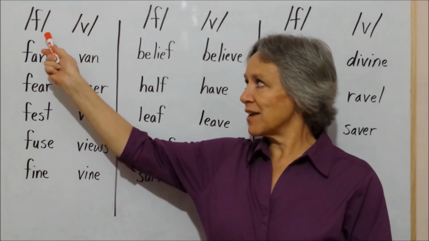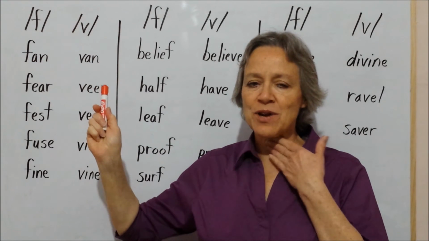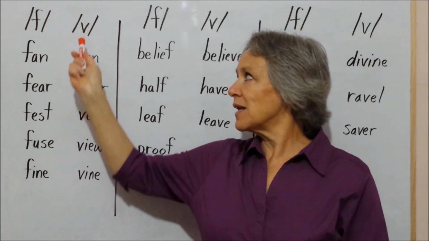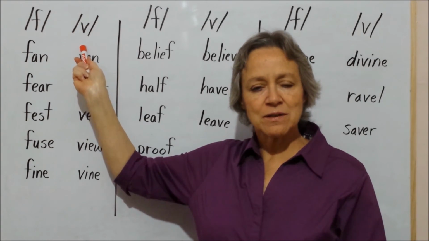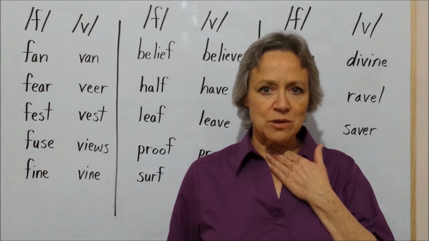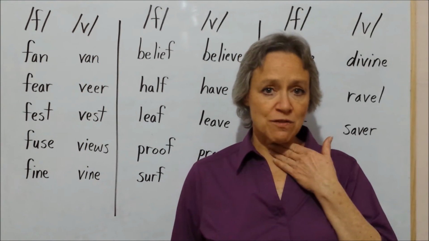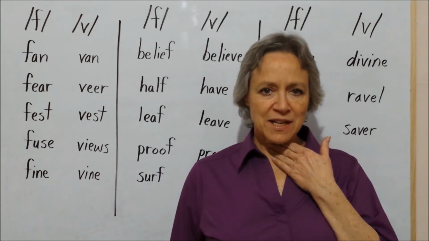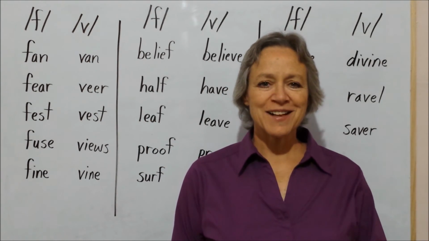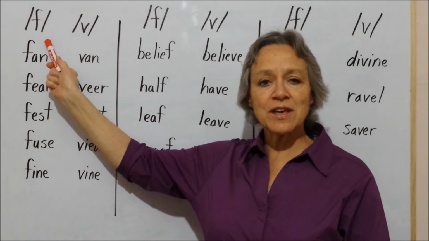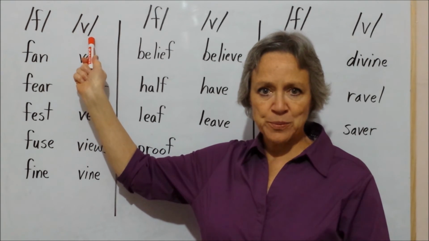But the F sound is voiceless, so we do not use our vocal cords, and the V sound is voiced, so we do use our vocal cords. So these two sounds are different because of the voicing, and what I'd like to do now is practice words which are very similar, but which have either the F sound or the V sound.